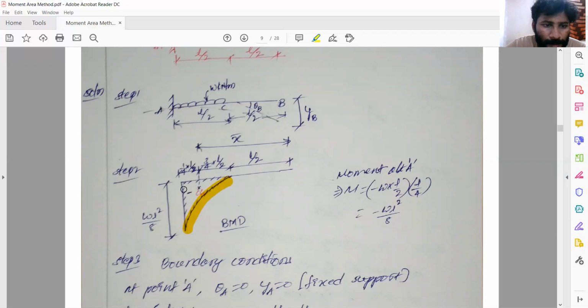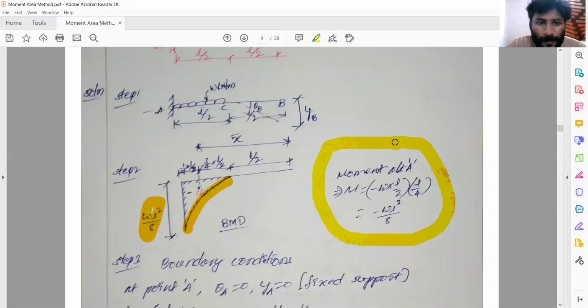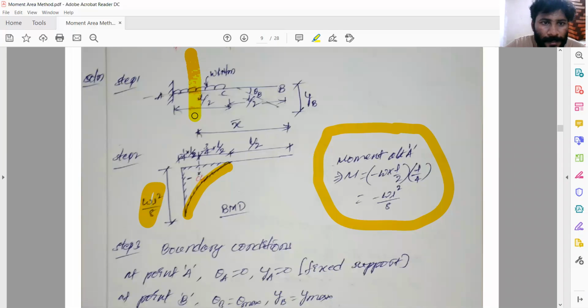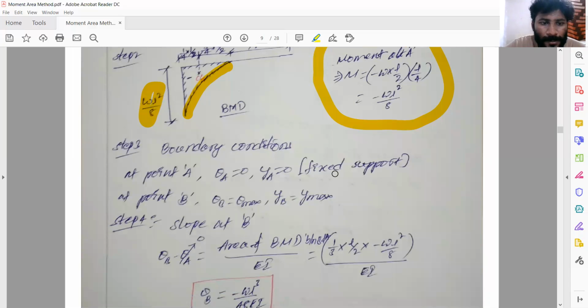The intensity is WL square by 8, because W into L by 2, it is WL by 2 into L by 4, it becomes WL square by 8. The calculation is given here. And again, it's negative, since if you take the section here, the load acts clockwise to the right of the section. Boundary conditions: fixed support 0, and the free end we have to find.